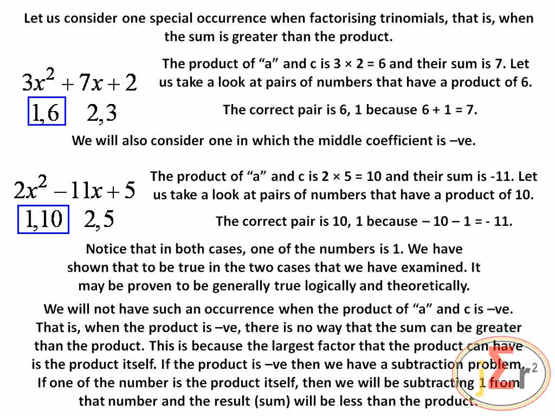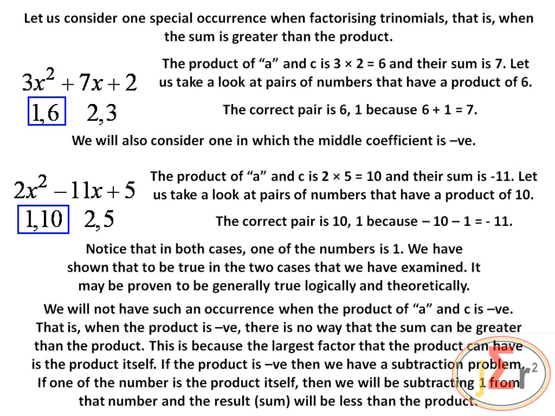So continuing, we will not have such an occurrence when the product of A and C is negative. So when the product of A and C is negative, we cannot have the sum being greater than the product. The sum can only be greater than the product when the product is positive, and when it is positive alone.